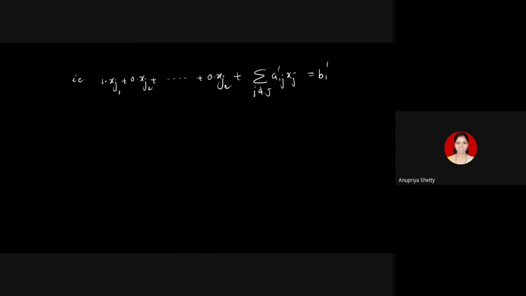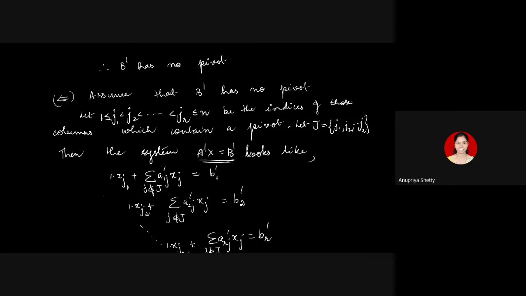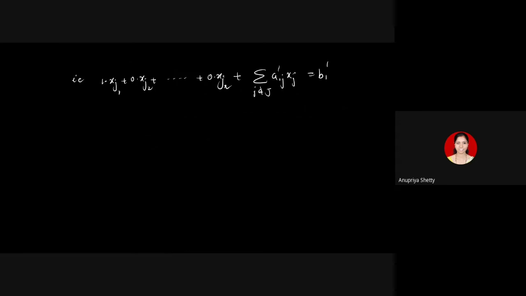This is the first equation. Here I had written only 1 into xj1. How do I know that corresponding to xj2, xj3, up to xjr, I will have zeros? Because the j2th column will have a pivot in the next row. Therefore, the entry above that pivot should be 0, so all these get multiplied with 0.